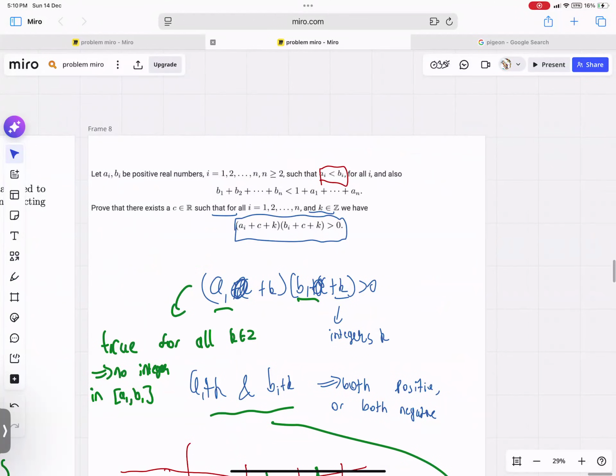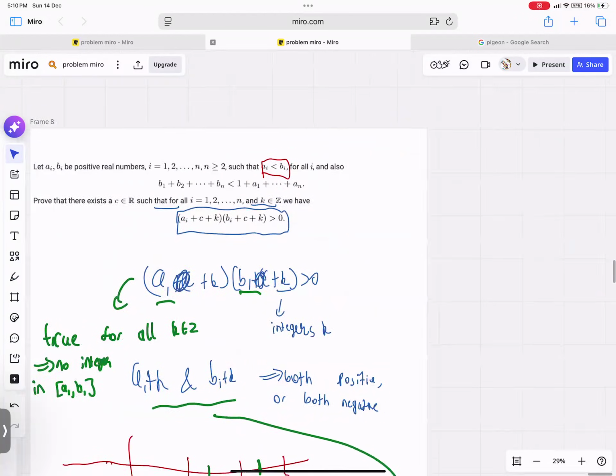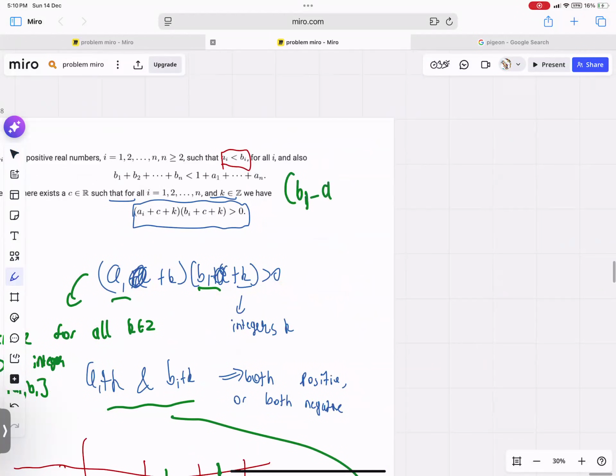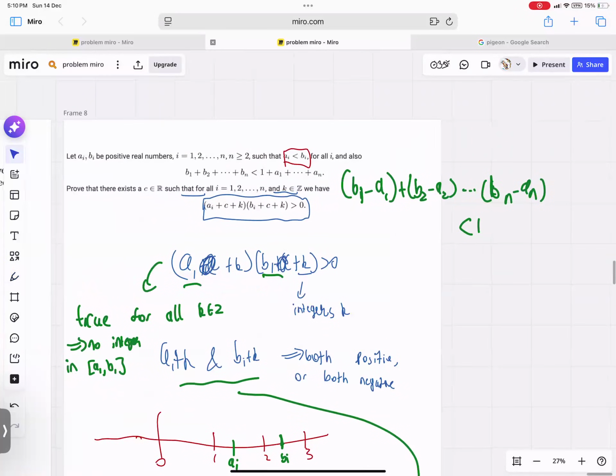So we have some BI and AI such that b1 minus a1 plus b2 minus a2, so on till bn minus an, the sum is at most 1. And then we want to show that there exists a c, such that for all i from 1 to n and all k in Z, this inequality holds.